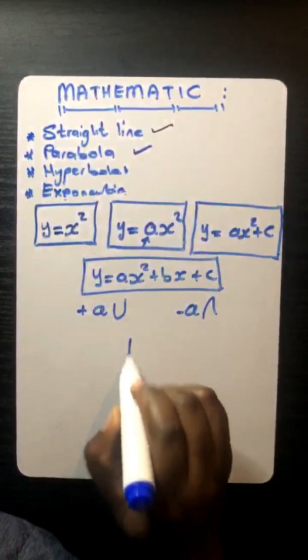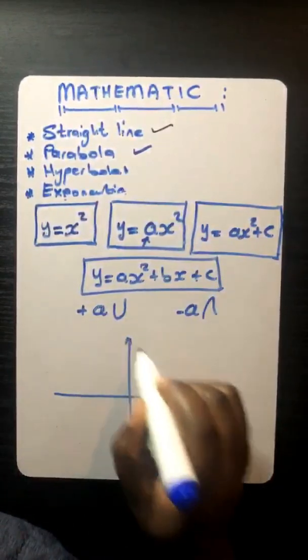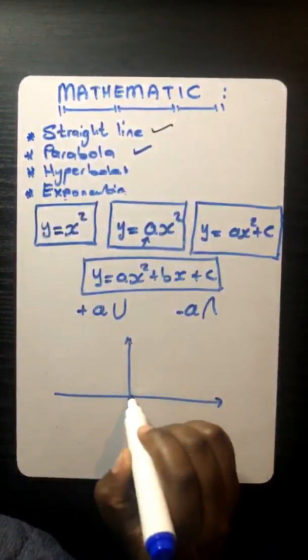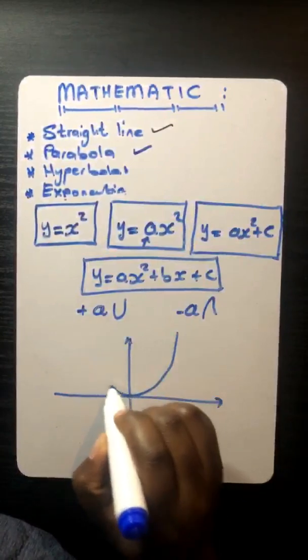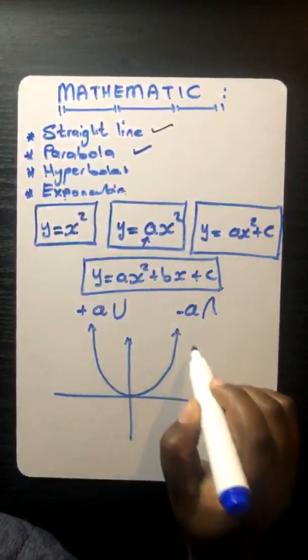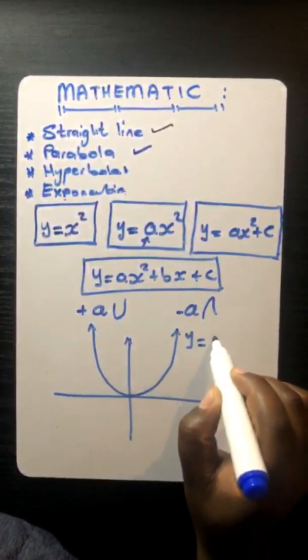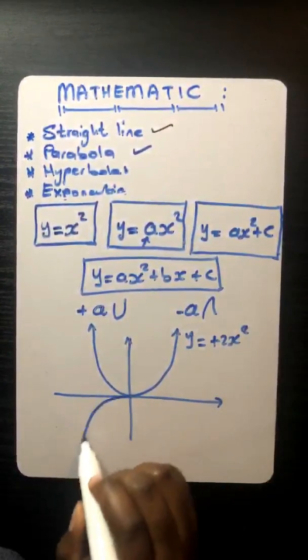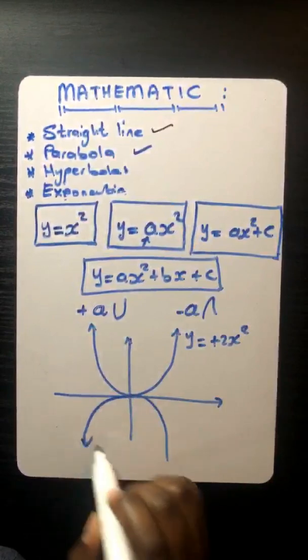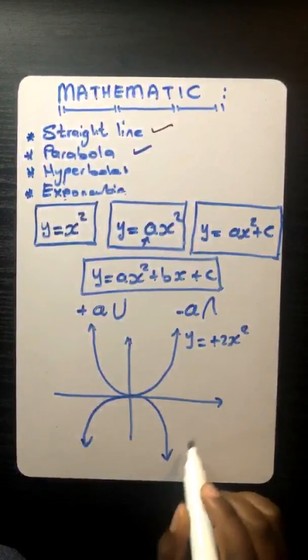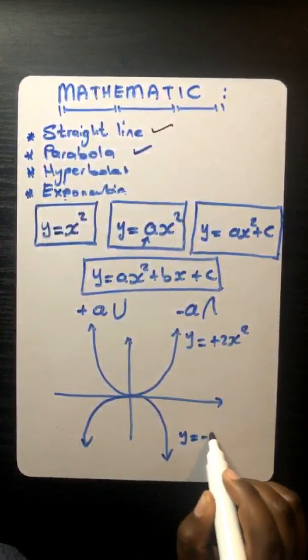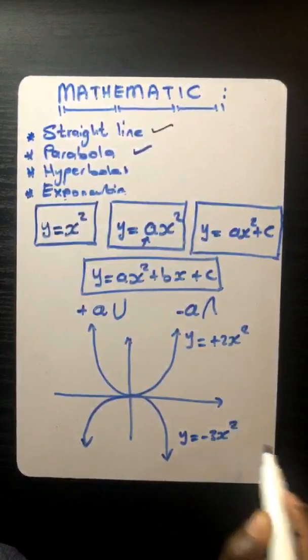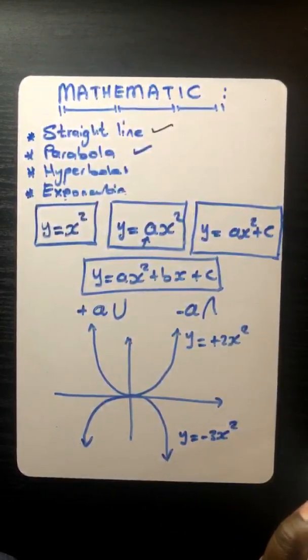So on your Cartesian plane, you are going to either have a smiling shape, which could be y equals, let's say, positive 2x squared, or otherwise a sad shape, which could possibly be, let's say, negative 3x squared. Very, very important, ladies and gentlemen.